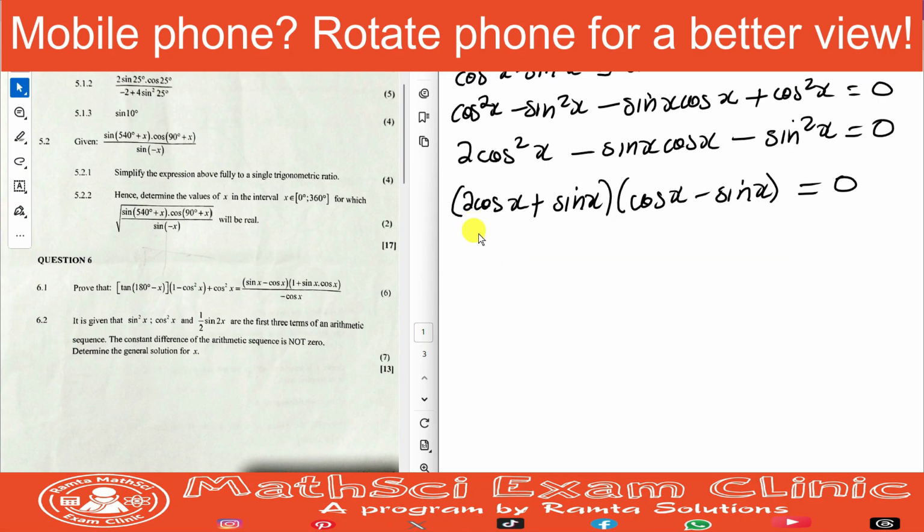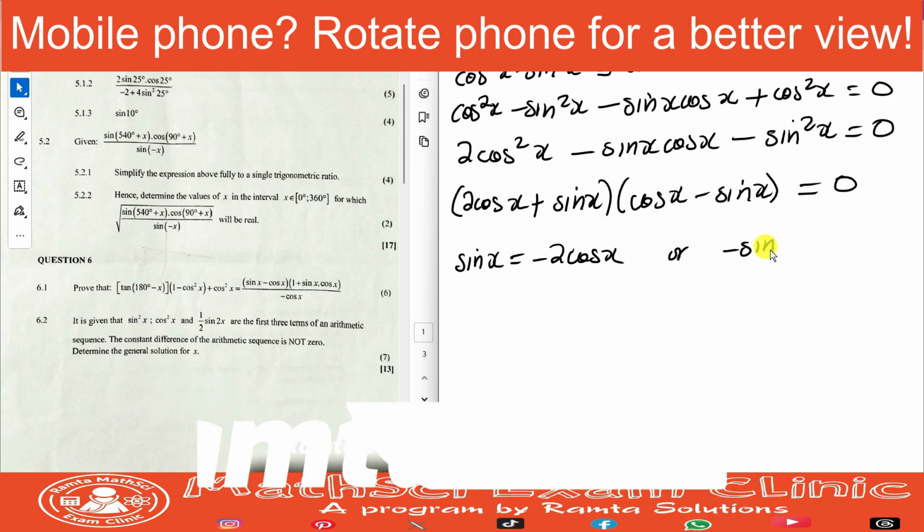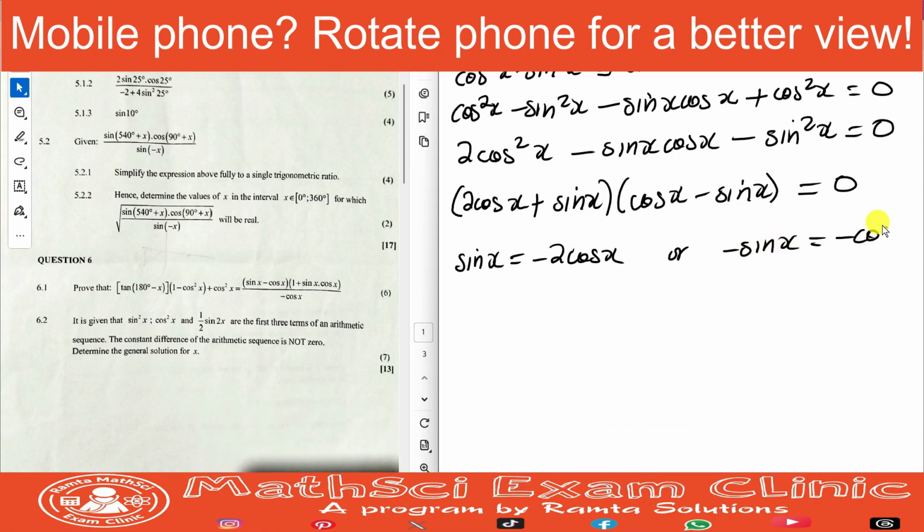Proceeding, this then becomes sine x equals negative 2 cos x, or negative sine x equals negative cos x. Dividing throughout by cos x, I'm doing the same even here, dividing by negative cos x.